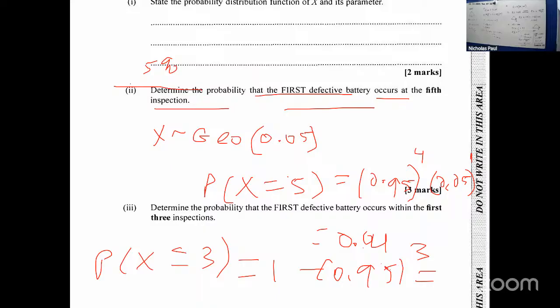Zero point five four. Right, so yeah, you just plug it in: 1 minus 0.95 all cubed. That's just the formula I gave you. Jesse got 0.548, so I just put in 0.55.